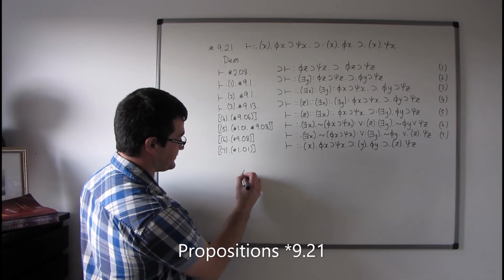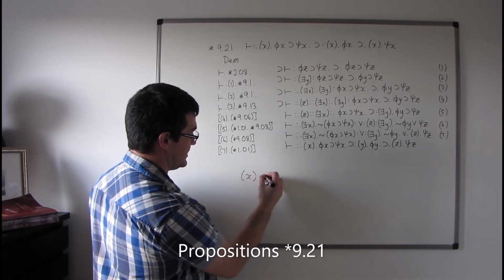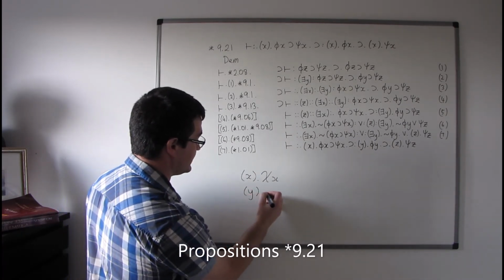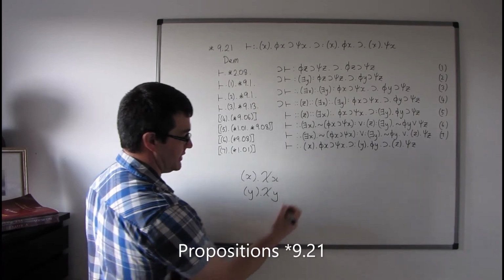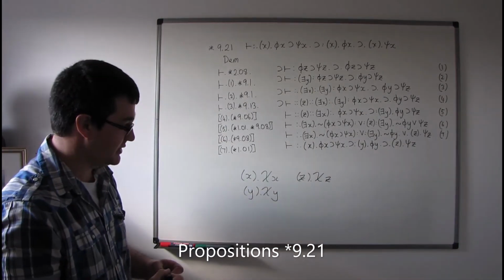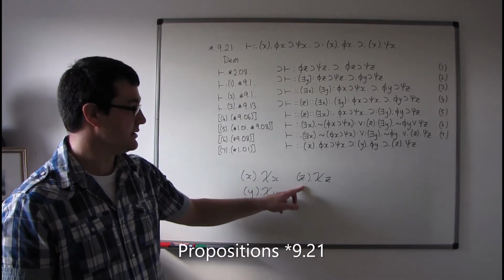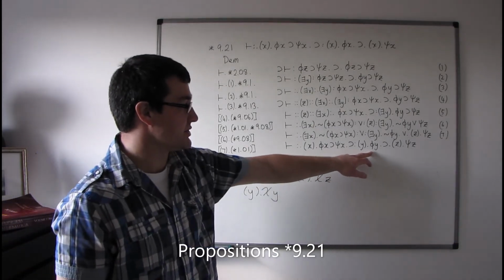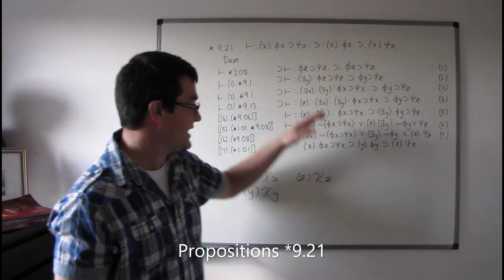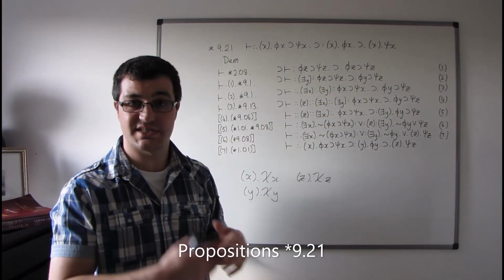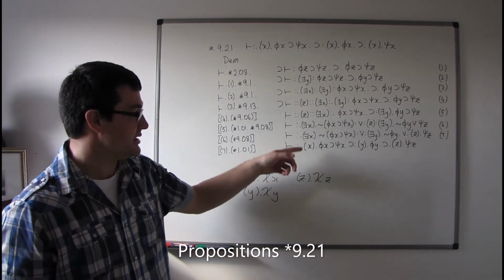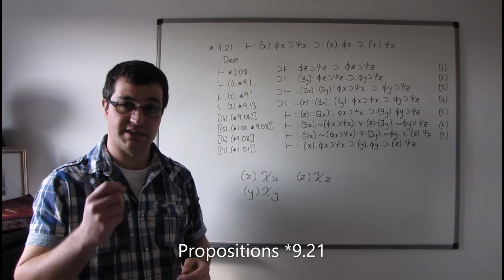So for example, if I've got x psi x, this would be exactly the same as y psi y. It would be the same as z psi z, for instance. These all mean exactly the same thing. So once I get to this stage, even though it seems that I'm using different symbols, in an apparent variable it actually makes no difference whatsoever. I can always just change the symbol and still get exactly the same thing.